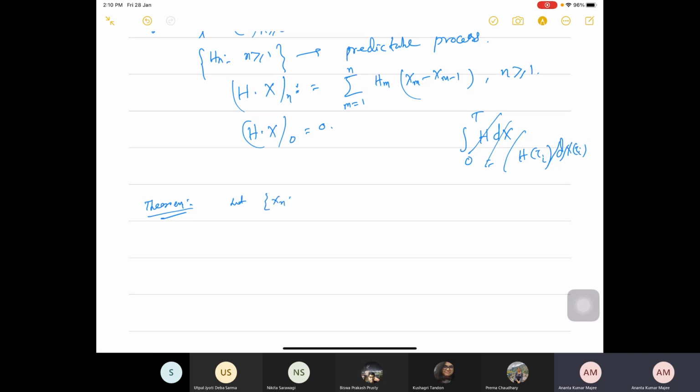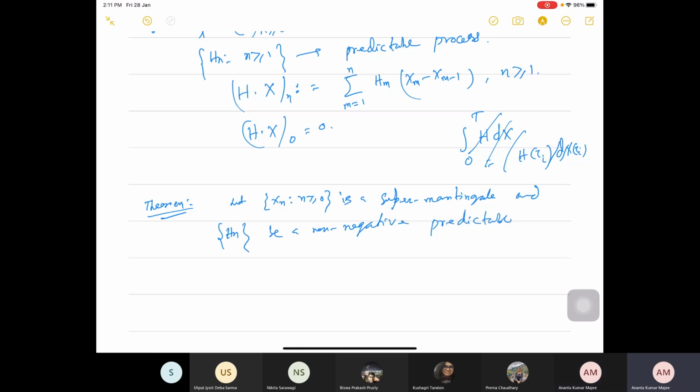Let x_n be a supermartingale, and let h_n be a non-negative, predictable sequence such that it is bounded.